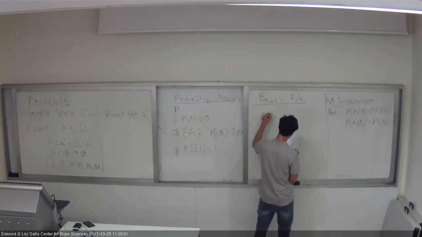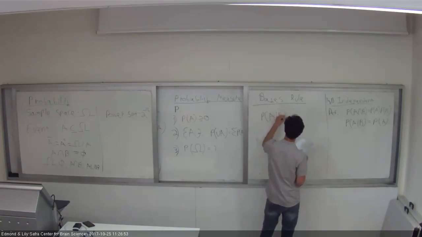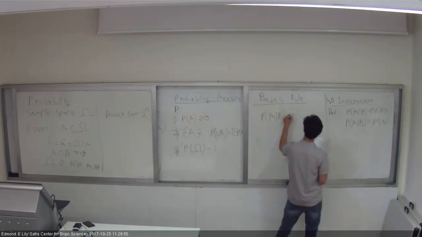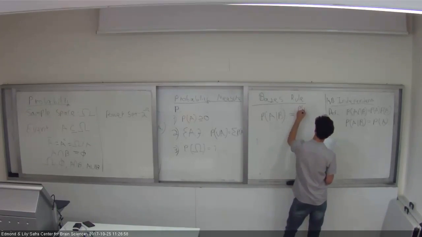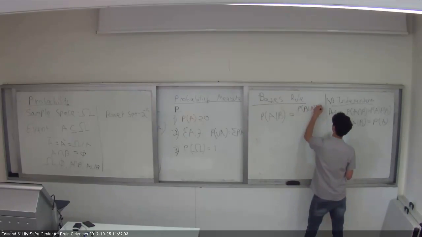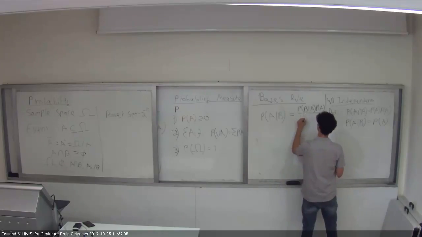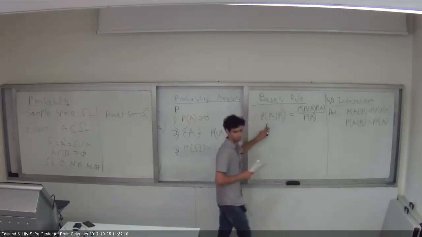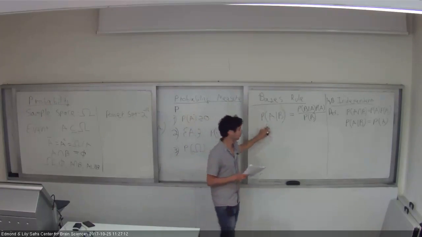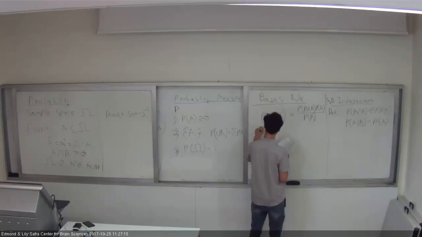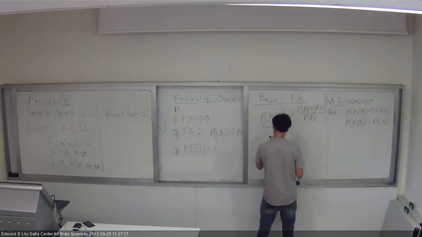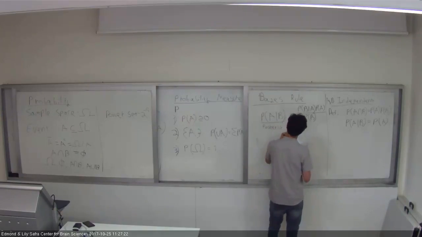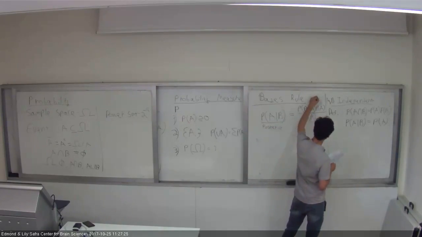Bayes' rule just tells us that the probability of A given B is equal to the probability of B given A times the probability of A, divided by the probability of B. This term is also called the posterior, and this term is our prior.